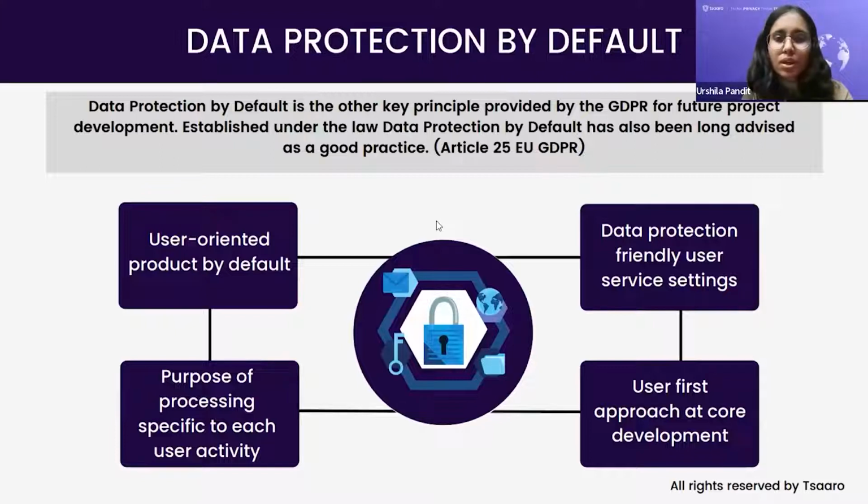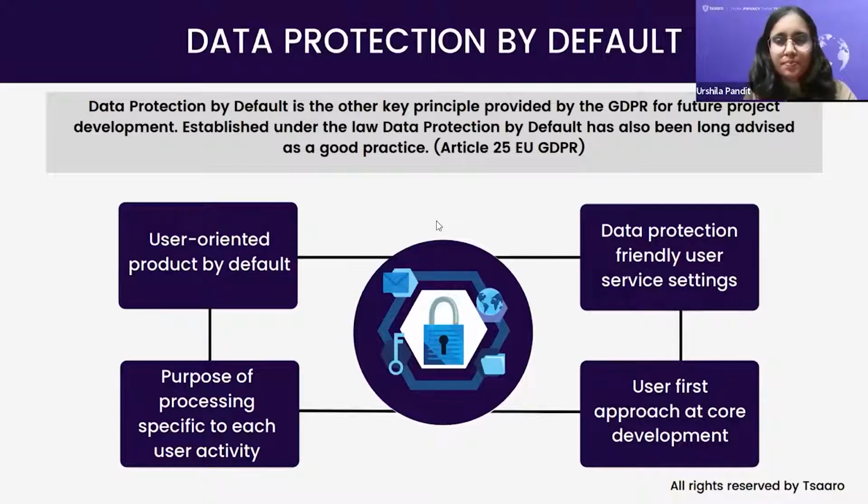Data protection by default is a principle that's been dealt with under Article 25, Clause 2 of the GDPR. What it says is that privacy should be embedded into your product or your process by default.